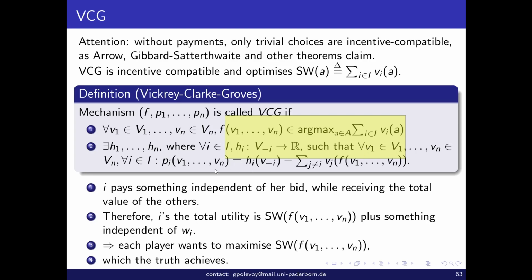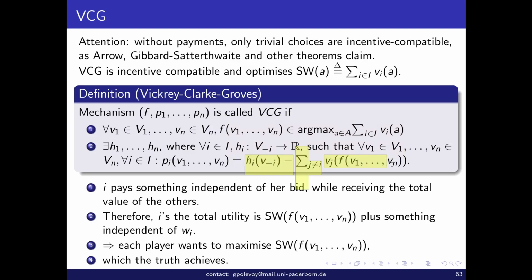Now, that's incentive compatible in the sense that I pay something which is independent of my bid while receiving the total value of the others. What I mean? What I basically receive as a utility is vi of this chosen option f, minus the payment.